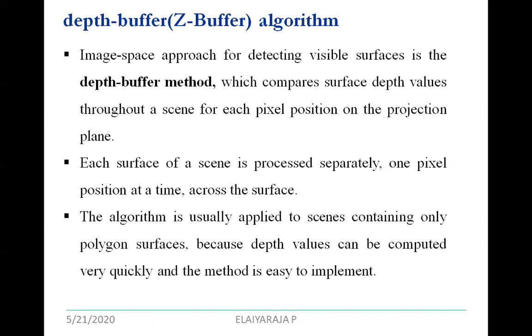Like that, each surface of a scene is processed separately, one pixel position at a time. Suppose the first pixel completes, then it stores, then it moves to the next. When it completes across the surface, your z value will be replaced each and every time. Basically, the algorithm is usually applied to scenes containing only polygon surfaces, not empty surfaces.